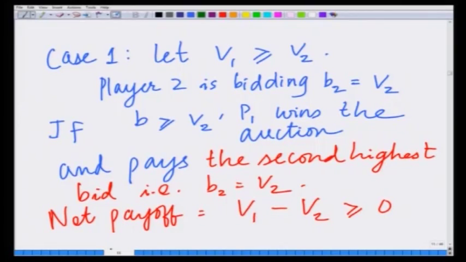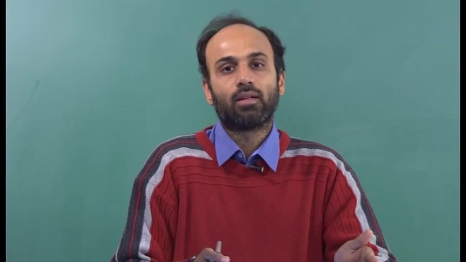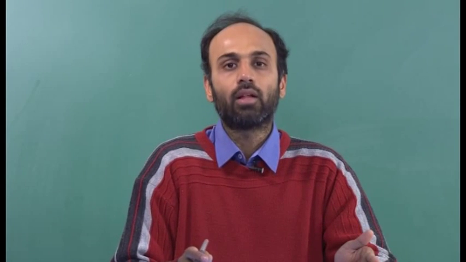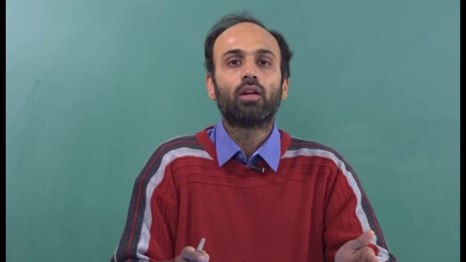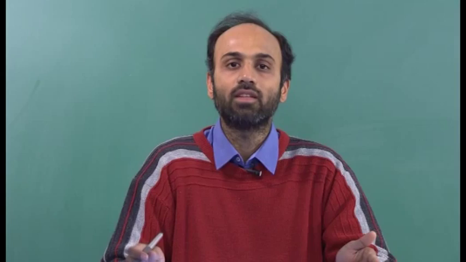Therefore, we have two cases. One, if the bid B is greater than or equal to B2 equals V2, he wins the auction and his payoff is his valuation V1 minus V2, which is greater than or equal to 0. On the other hand, if B is less than B2 equals V2, the bid of player 2, then he loses the auction, and if he loses the auction, he does not pay anything, he does not get anything, therefore, his net payoff is 0.